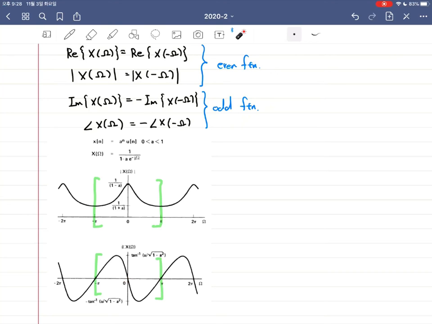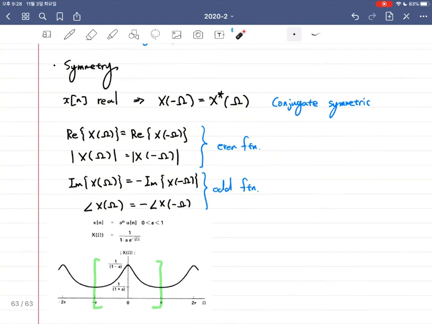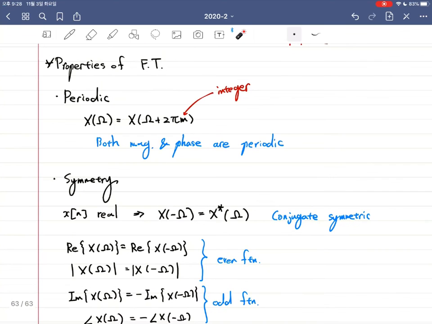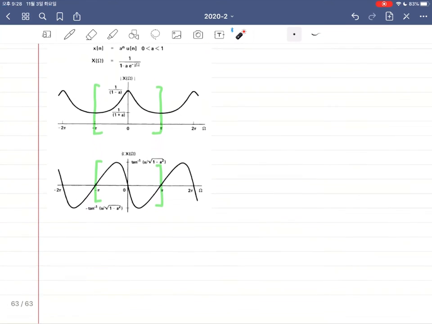So please, you need to distinguish between these two. And also the periodicity did not happen with the continuous time Fourier transform. Okay.